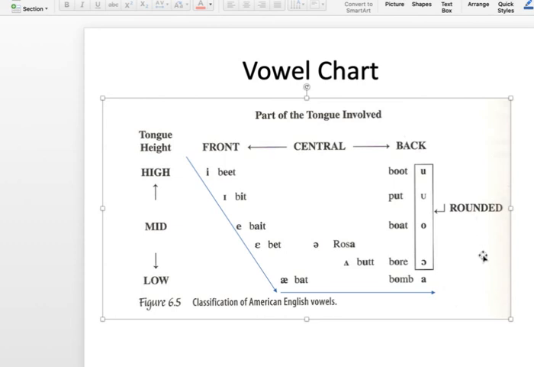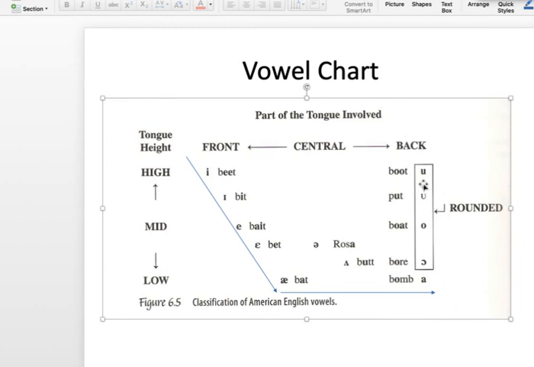Say boot, please say it, and observe your lips. Do you think that your lips are rounded when you say boot? Yes, they are. And now if you try to say boot without rounding them, you cannot say it. You cannot say boot without rounding, right? So these four are rounded vowels.